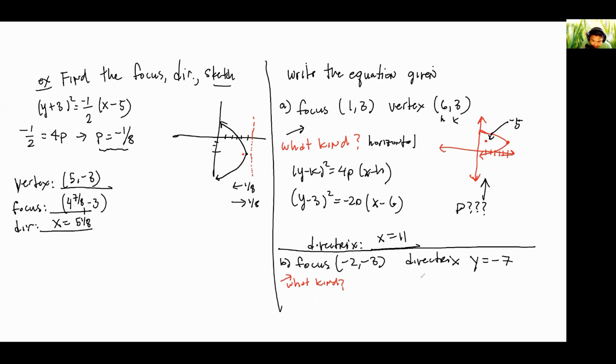If we quickly sketch it, the focus is -2, -3. The directrix is all the way down here, 4, 5, 6, 7. Taking a look at this, the vertex should be where?